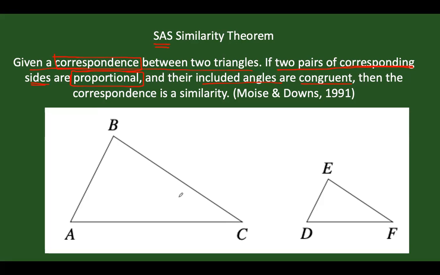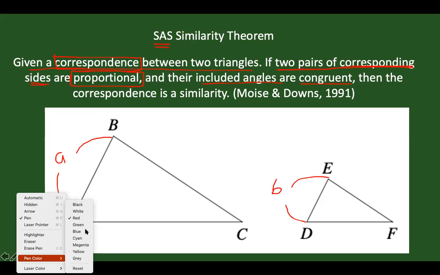So how do we illustrate that here in this triangle? So we have, let's say, AB corresponds to DE, okay? And let's say this is our A, and this is our B, all right?